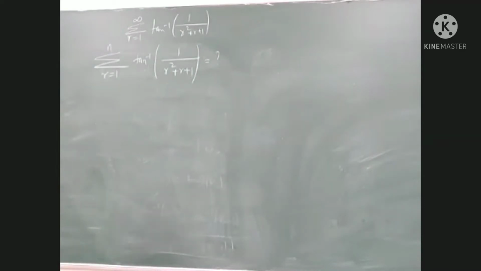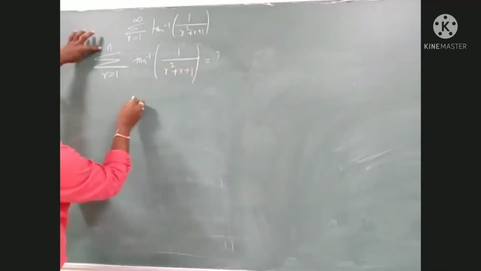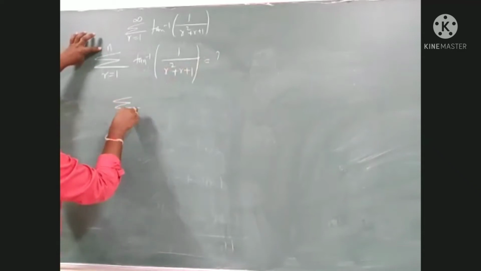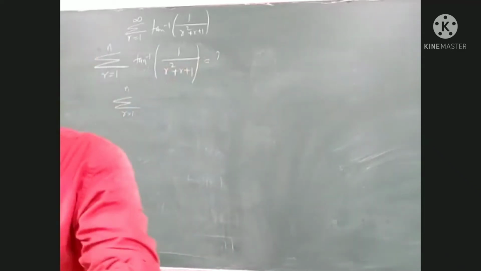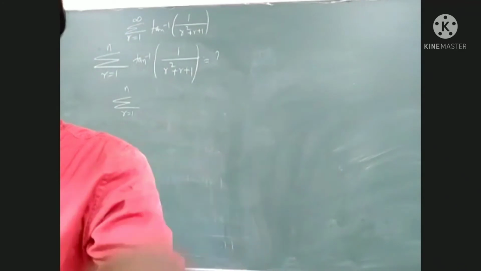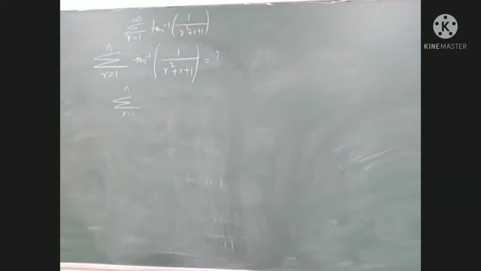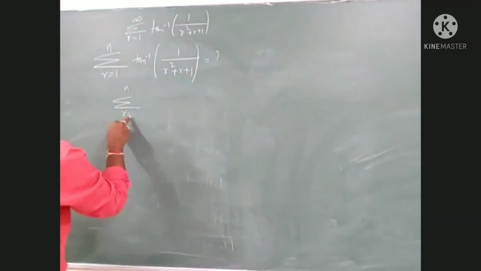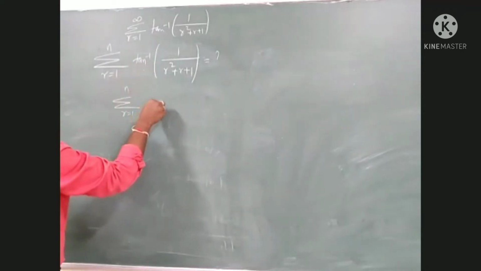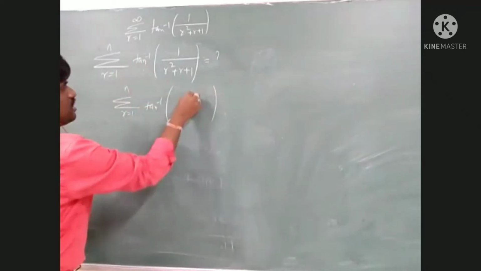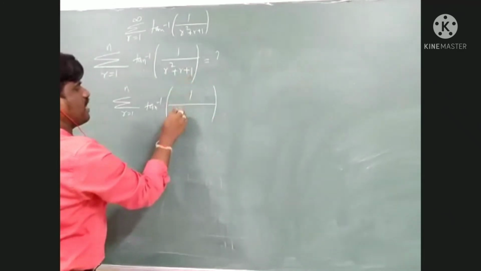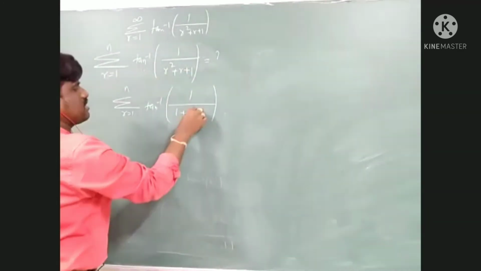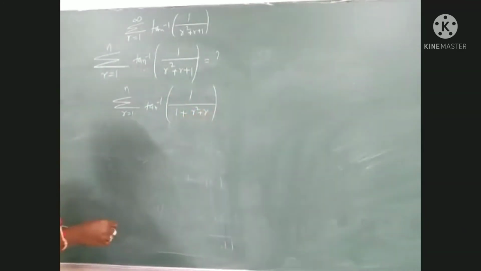Now see this. We have sigma r is equal to 1 to n of tan inverse. The rule from the previous is that I should have 1 plus r square plus r.